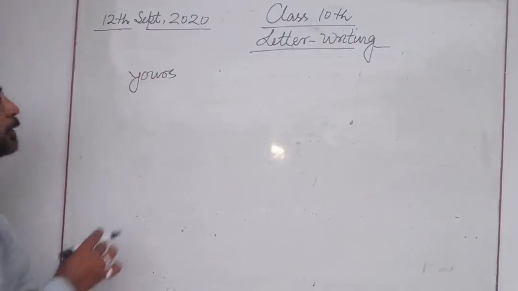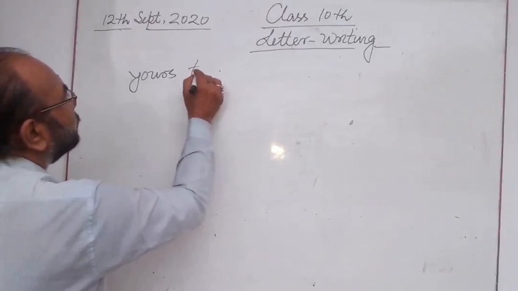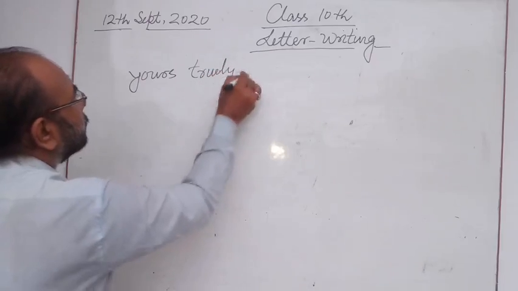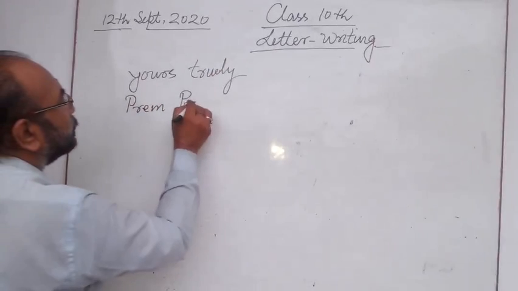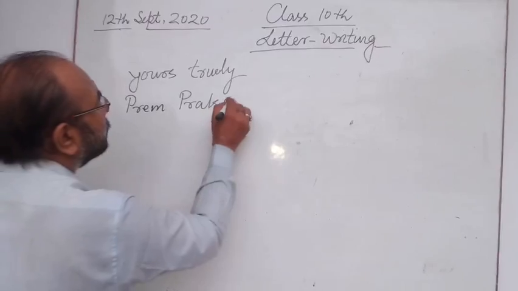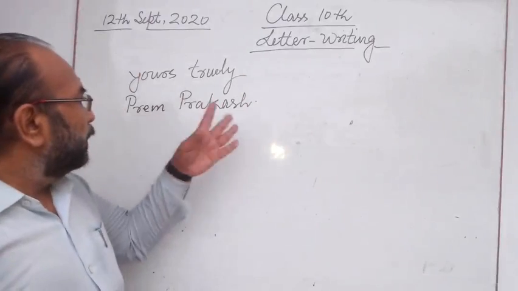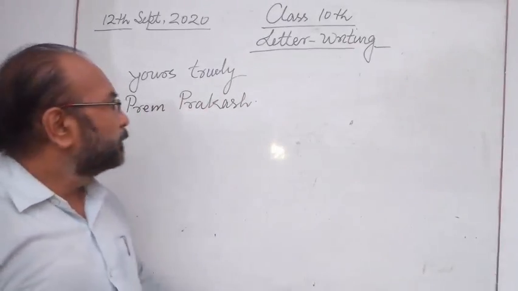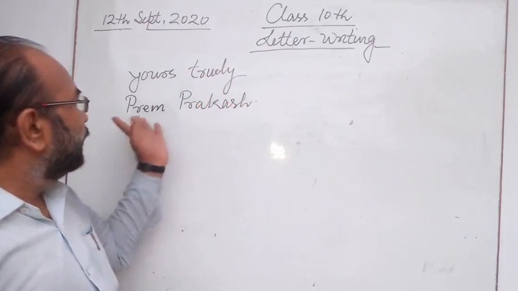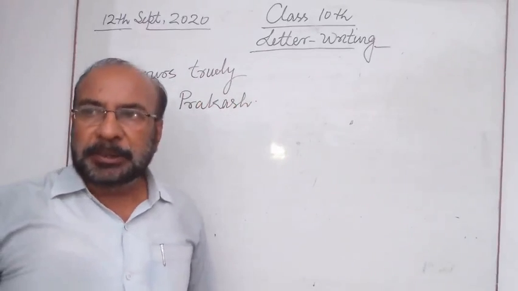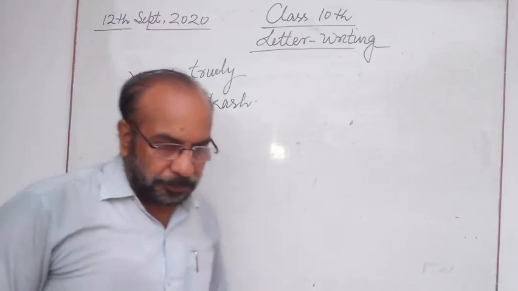Always remember, you will not use any apostrophe here. Yours truly, Prem Prakash. Okay. So signature is not there. The full name Prem Prakash is there. Before that, the seventh part, that is yours truly, the complimentary clause, and the signature Prem Prakash, a common man of that locality, and this will end your letter.